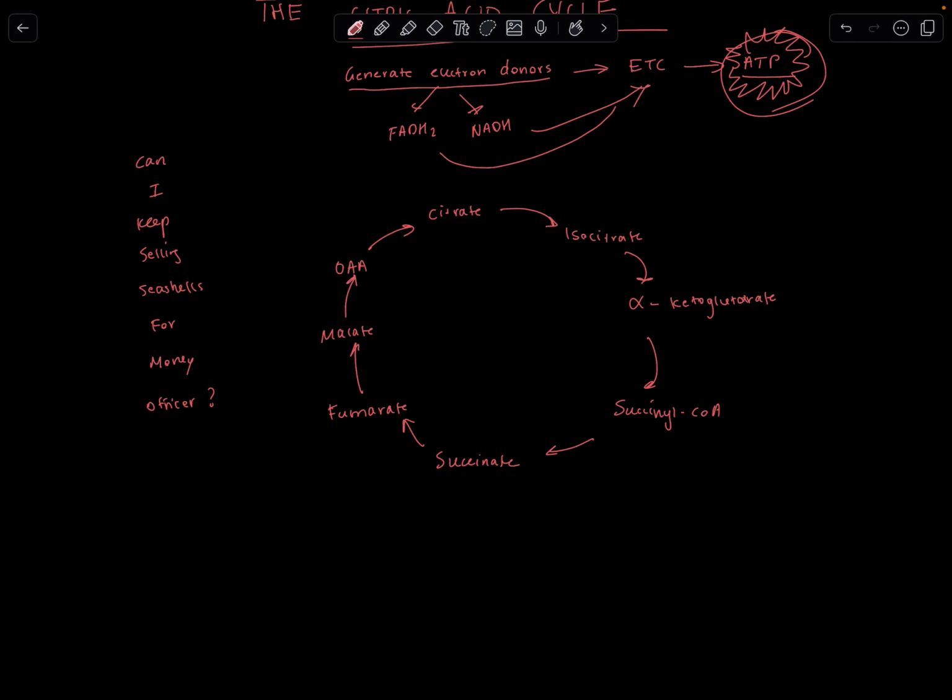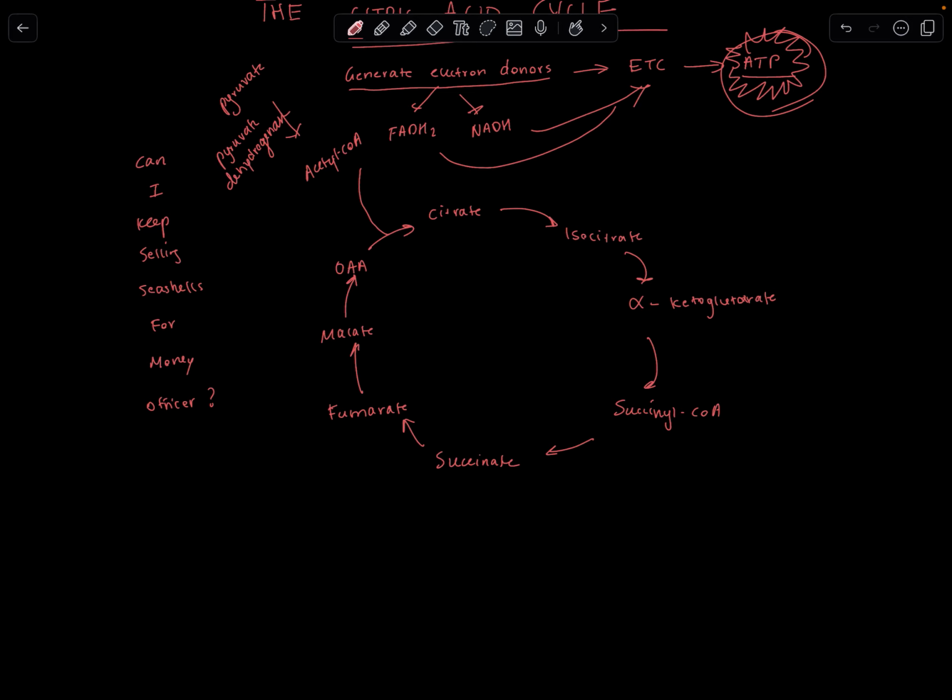And we also need to know that in addition to OAA forming citrate, we need acetyl-CoA, which is going to be coming from pyruvate. Pyruvate will be converted into acetyl-CoA by an enzyme called pyruvate dehydrogenase. Actually, that's a whole complex.